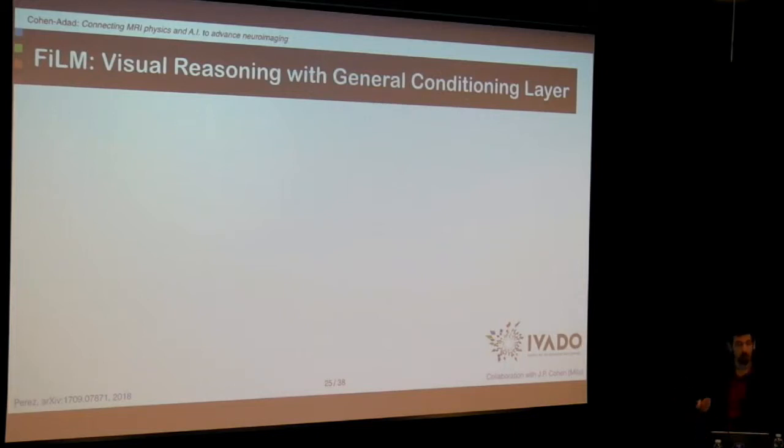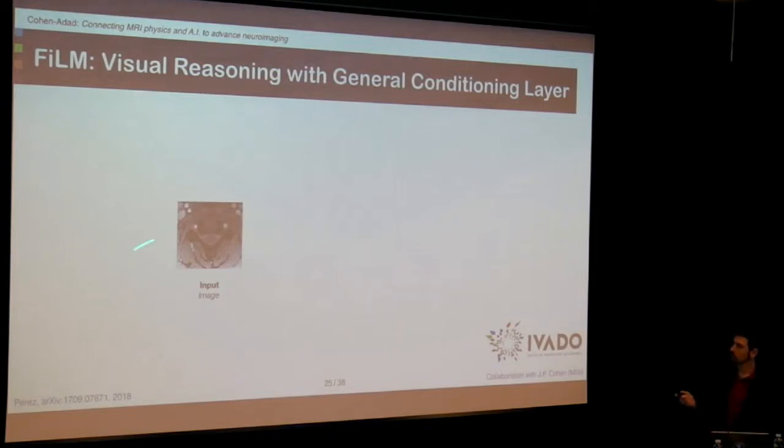And so FiLM learns to adaptively influence the output of a neural network by applying an affine transformation to the network's intermediate features based on some inputs. So those inputs could be the MR parameters. In the original paper, FiLM has been demonstrated for visual and language tasks, but let's see how we can adapt that for an image segmentation task.